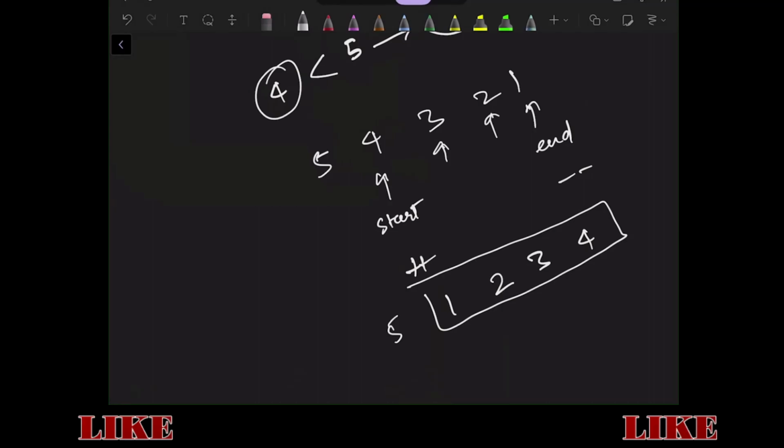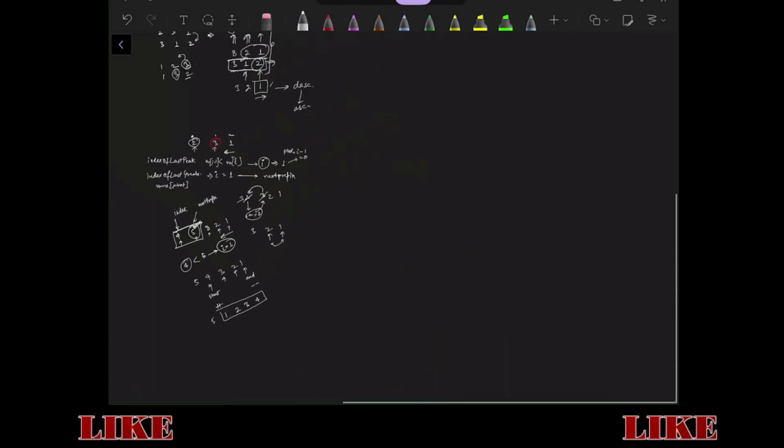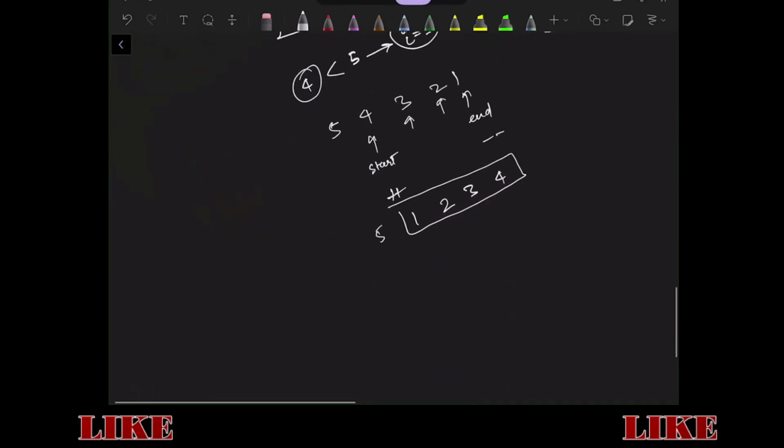Basically we are reversing this. It is not sorting, it is reversing. So after reversing, whatever we get is the value of the next permutation that we want. So this is something that I should take into consideration next time. So let's mark this question.